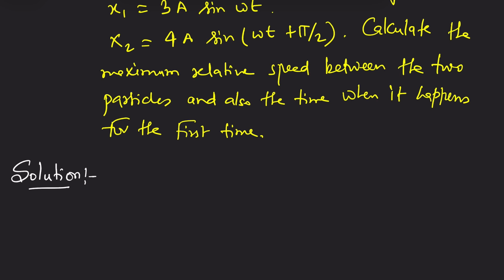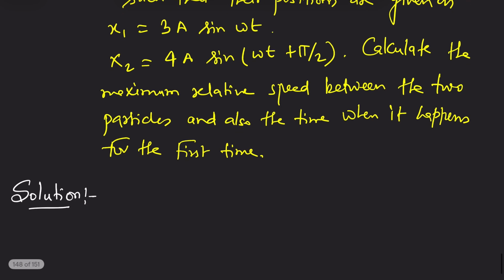But right now, because they are asking about the relative speed, it would be better to draw directly the velocity phasor diagrams of both of them. We don't need to make the position phasor along with the velocity phasor. I am just going to first calculate the velocity phasor equations, and then we are going to draw the velocity phasors.